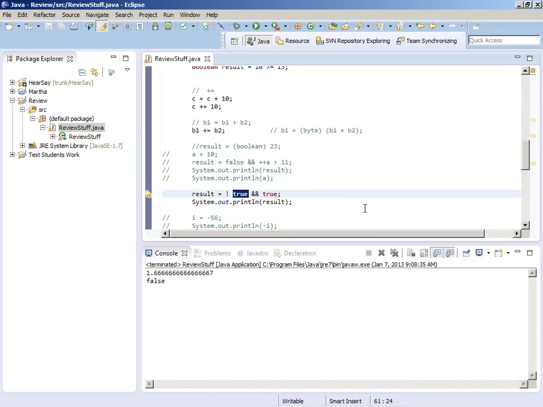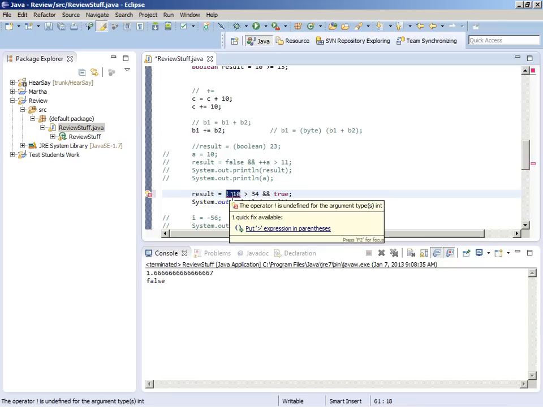Let's try 10 is greater than 34. This doesn't compile because this operator tries to happen first. The not operator only works on a Boolean operand. Not 10 will not compile.